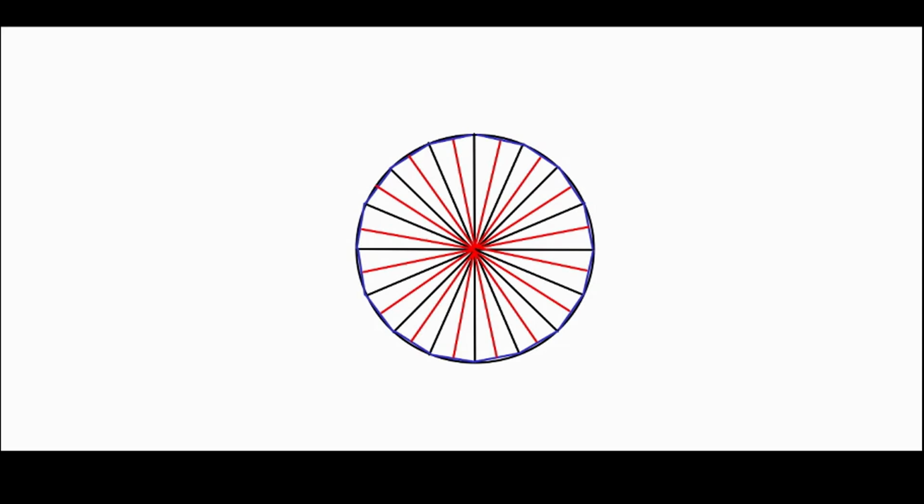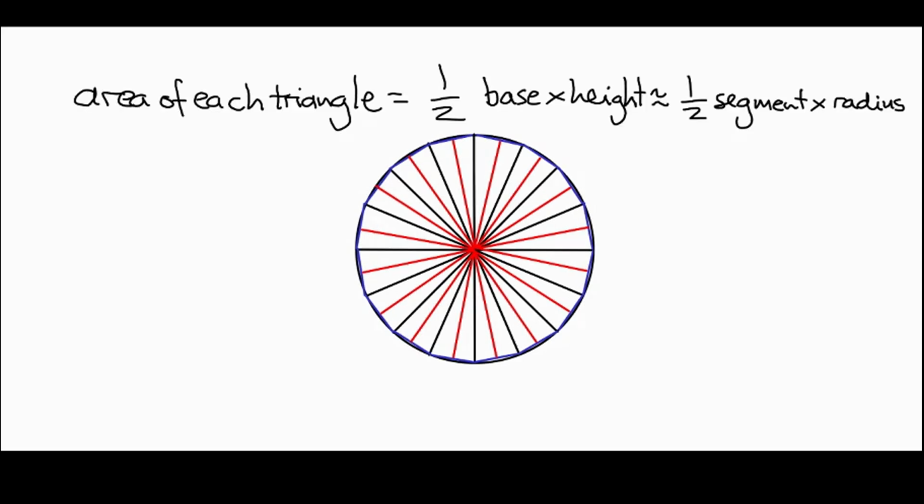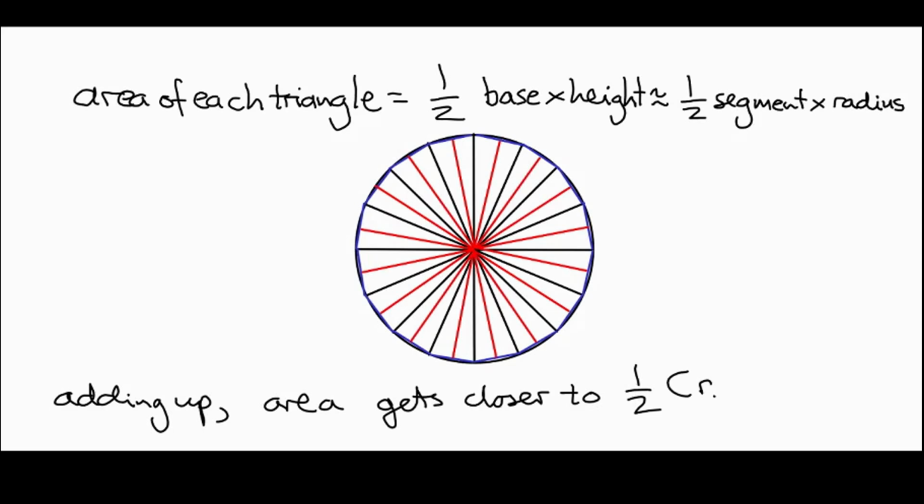So that means that the area of each triangle, which is a half the base times the height, gets closer and closer to a half the length of the segment times the radius. So when we add them all up, the area gets closer to a half the circumference times the radius, which is what I said it would be in the first place.